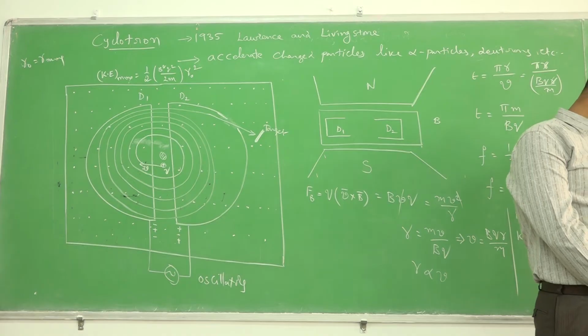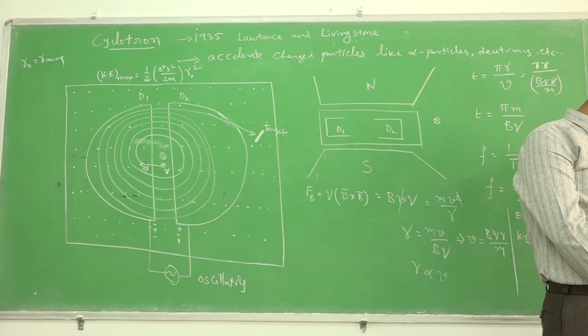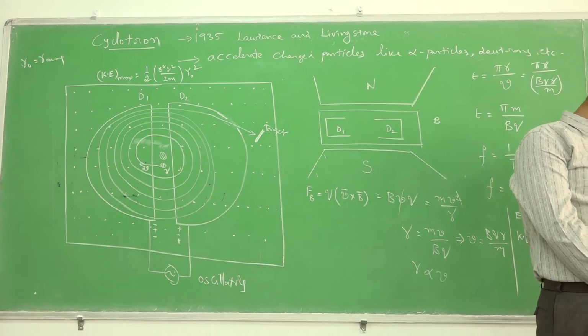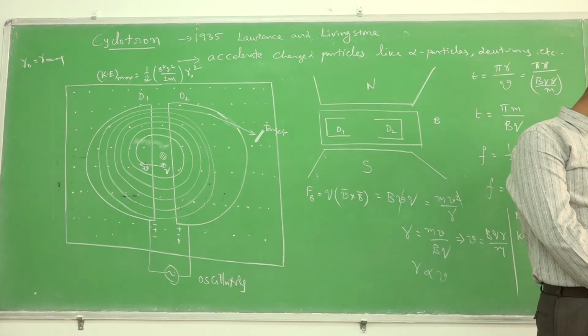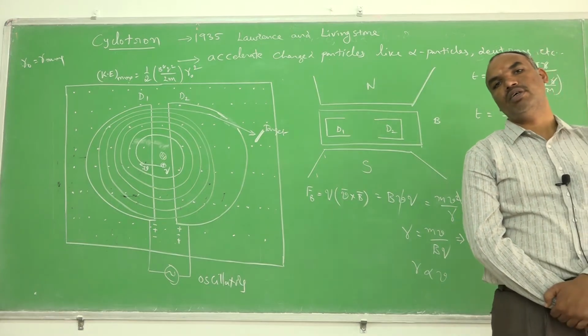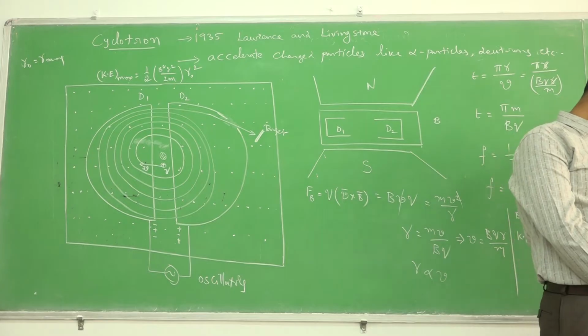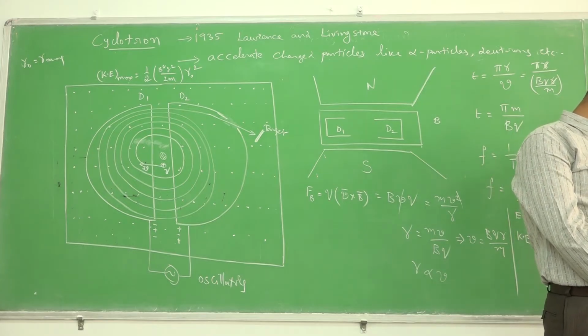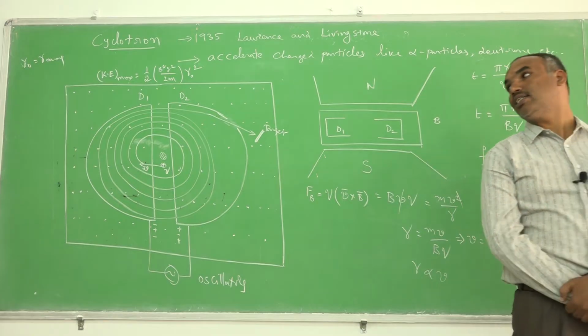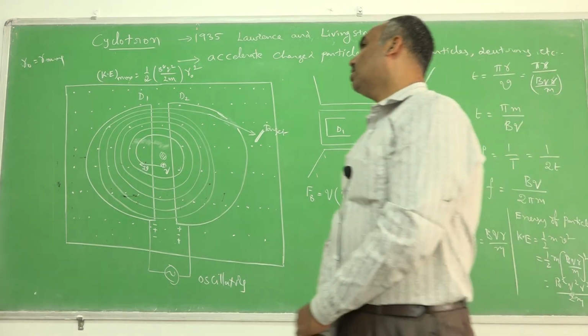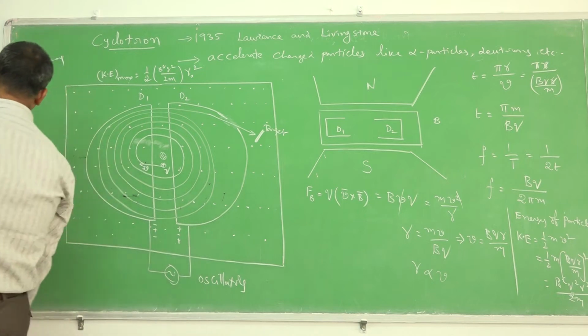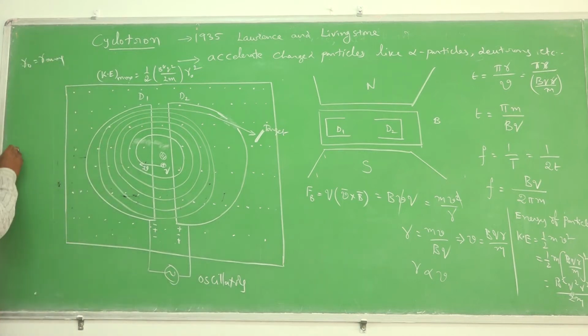It is used in hospitals to produce artificial radioactive substances which can be used in the diagnosis and treatment of disease. The limitations are, as the charged particle is accelerated, its velocity increases. You know that there is a formula given by Einstein. Relativistic mass is given by rest mass by square root of 1 minus v square by c square.